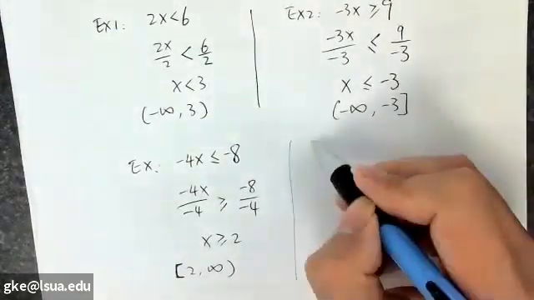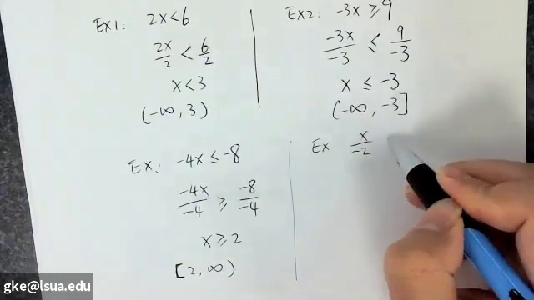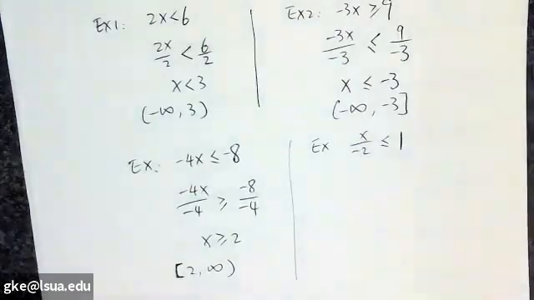Okay, now I'm going to give you the last example. For example, x divided by negative 2 less than or equal to 1. Now we have a fraction here, so we want to multiply by the least common denominator.